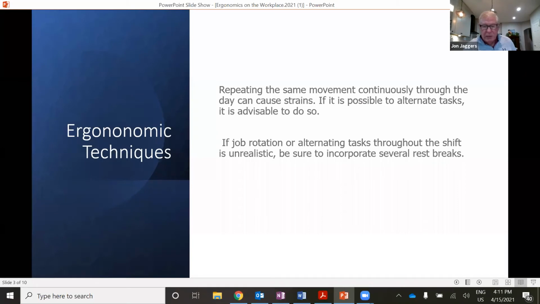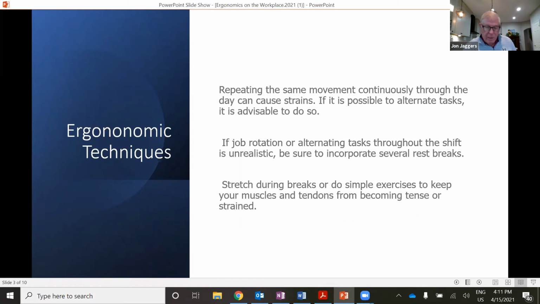So that's job rotation throughout the shift. If that's not realistic, then they need to be allowed some short breaks, almost every hour, because that repetition can be very strainful.